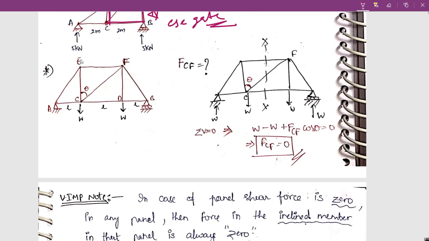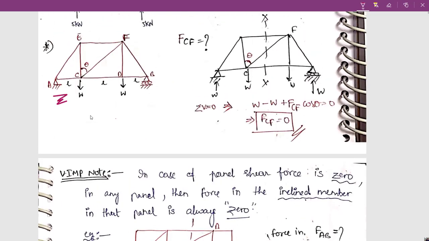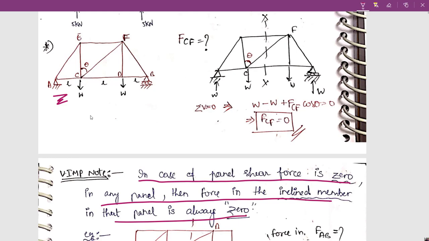And a very important note I am going to give you. So first of all, see the note here and then I will explain this question. Okay, so in case of a panel, if the shear force is 0 in any panel, then the force in the inclined member in that panel is 0. I hope you didn't understand anything, but first let me explain what a panel is. So this is called a panel. You eliminate this triangular part.